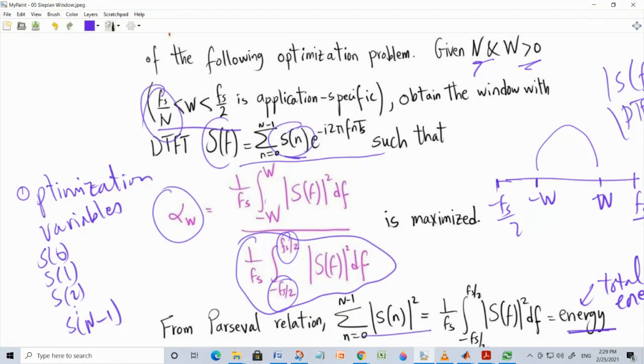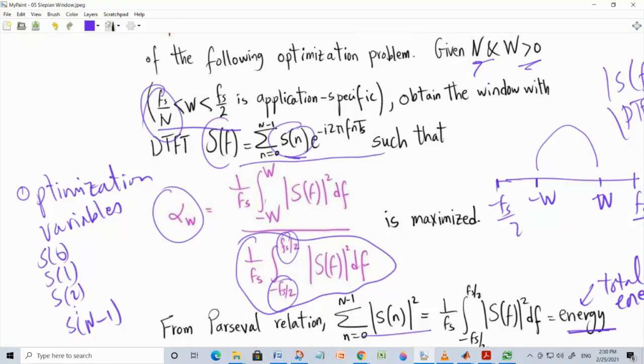If the S's are all equal to 1, then we are talking about the rectangular window, which has high side lobes that are problematic in many applications. The solution will not be the rectangular window, it will be something else, and we will suppress the side lobes. And don't forget that when we suppress the side lobes, you will get a main lobe that is fatter than in the rectangular window case.